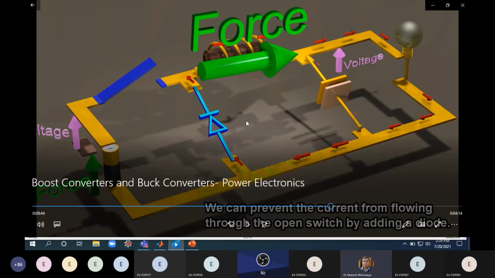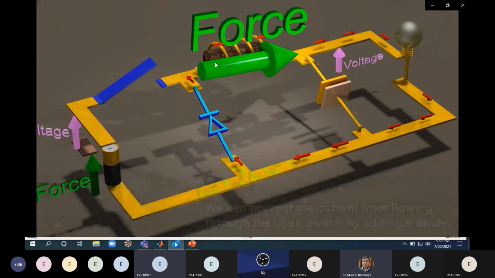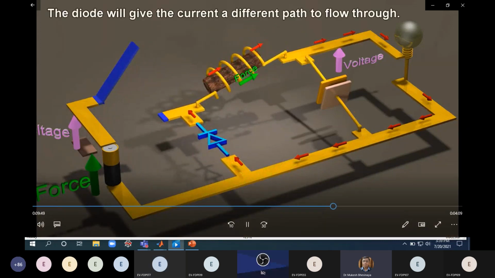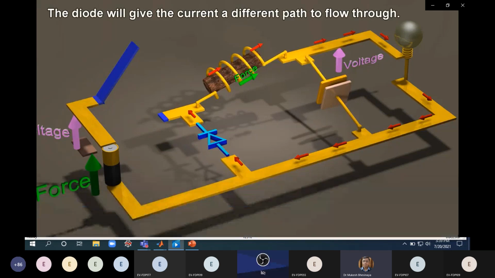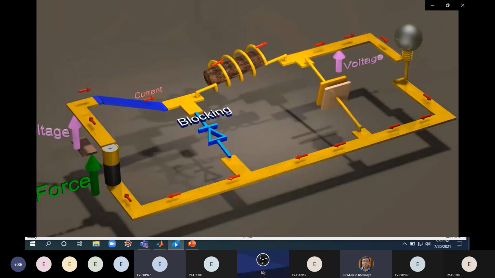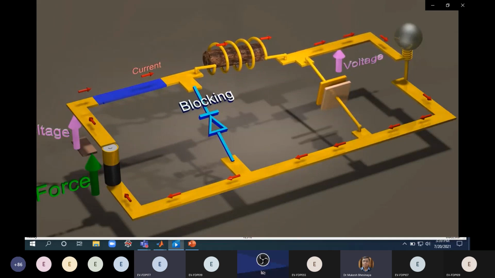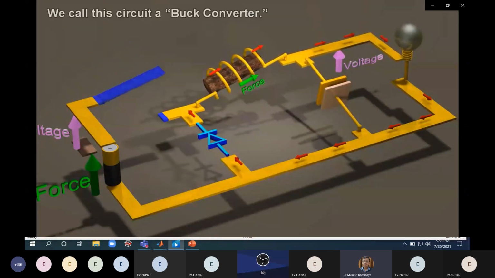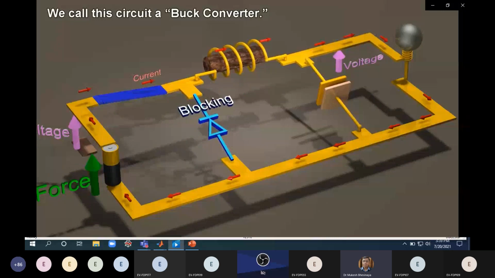Now this is the configuration of the buck converter. The diode will give the current a different path to flow through. We call this circuit a buck converter.